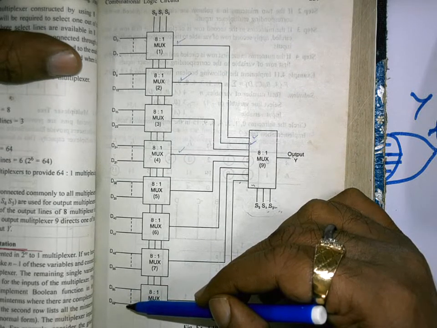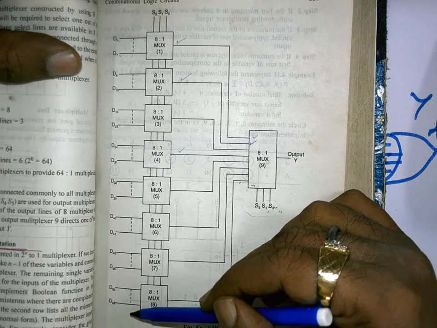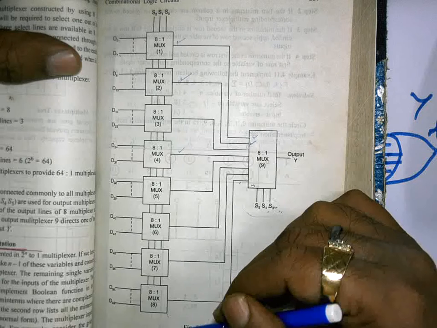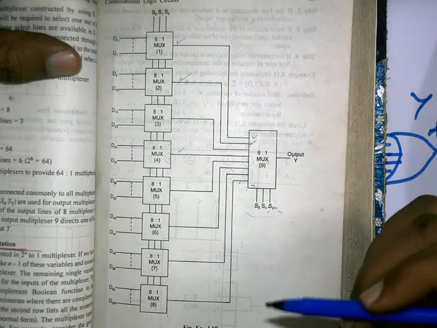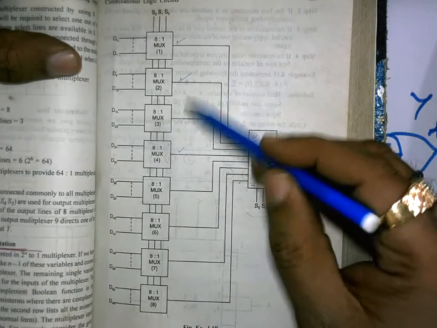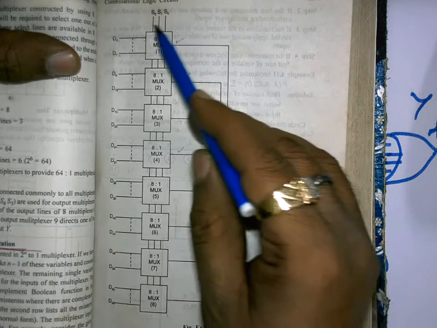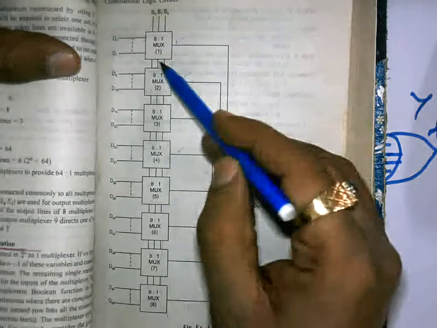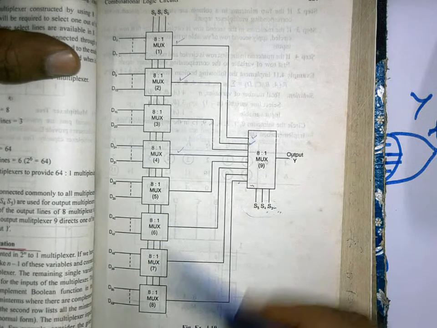The selection of 64 inputs can be made by using 6 select lines, because 2 to the power 6 equals 64. So out of those 6 select lines, 3 select lines of each of these 8 multiplexers are tagged together.